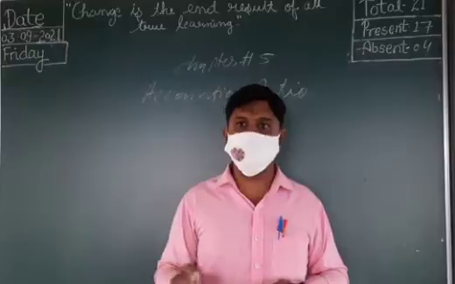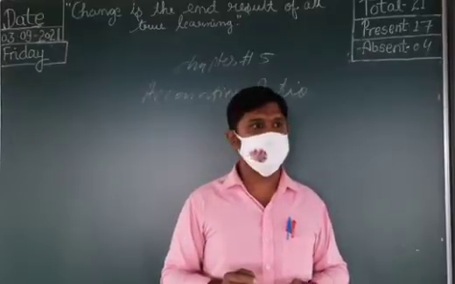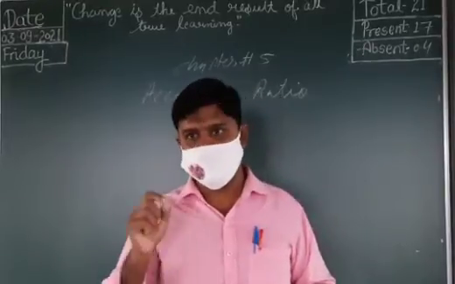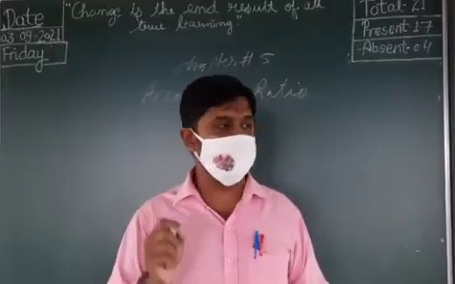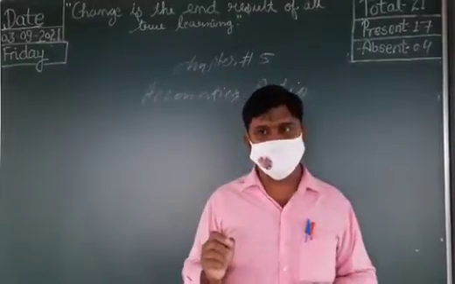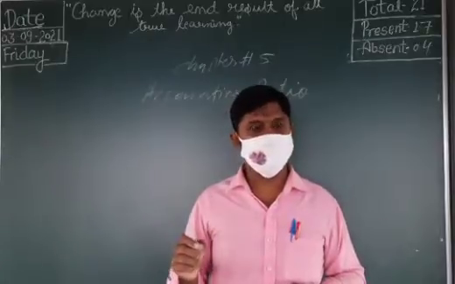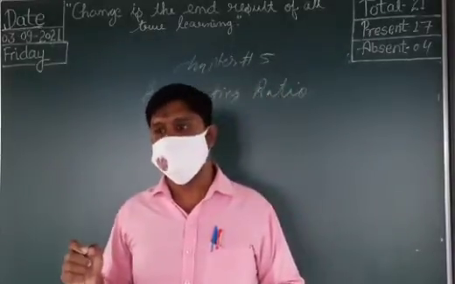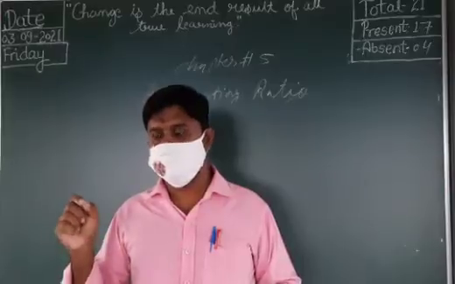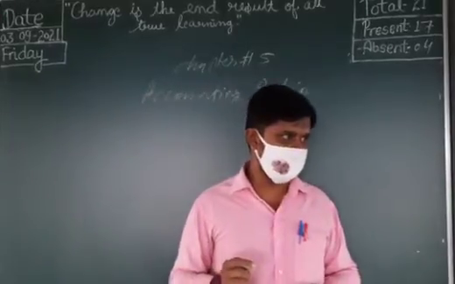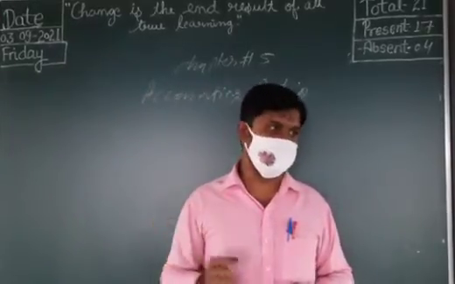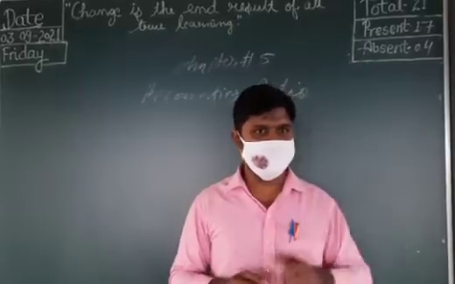And average trade payable means opening creditors plus bills payable plus closing creditors and bills payable, upon 2. Got clear now that formula?